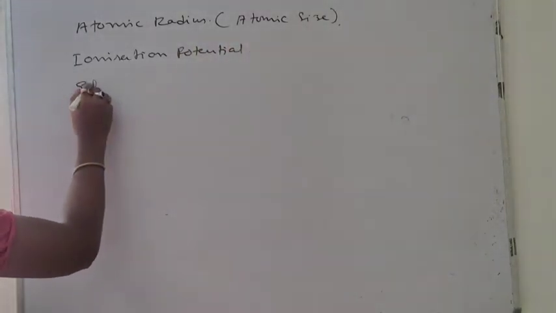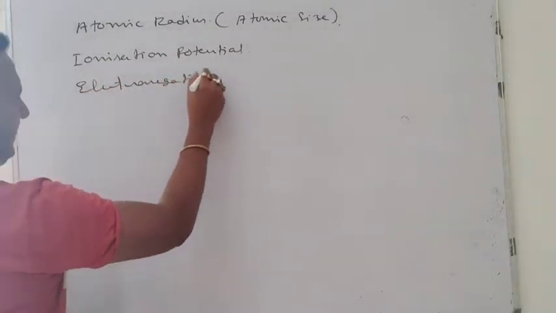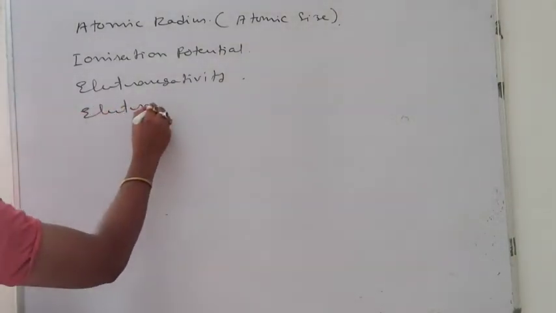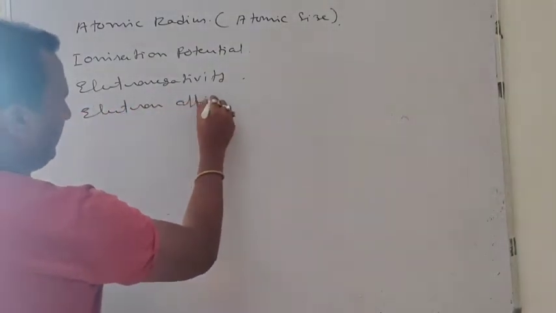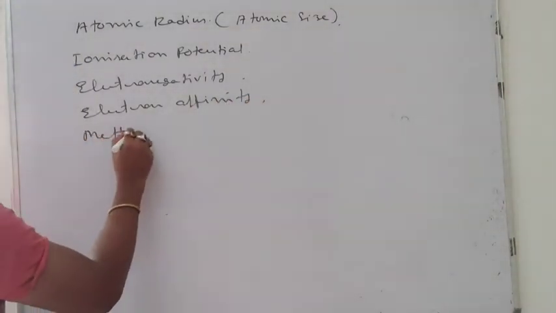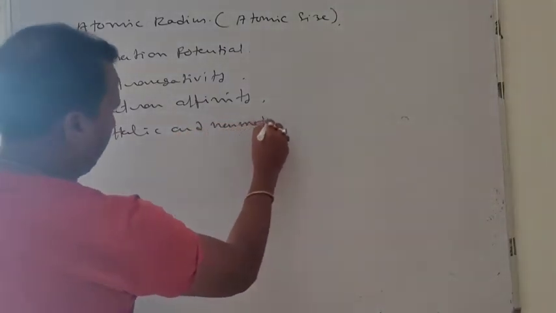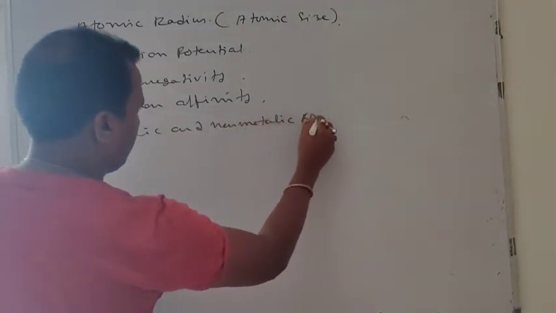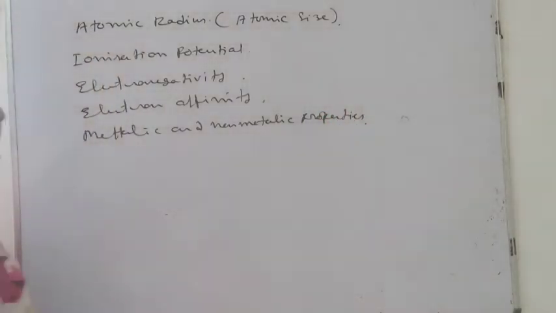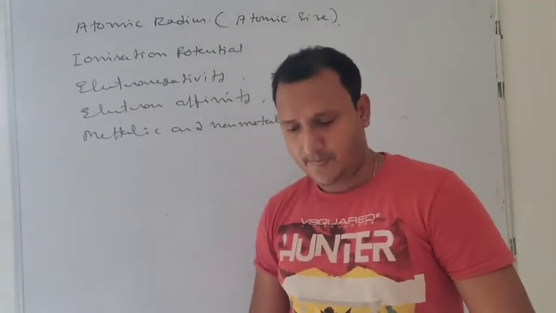Then electronegativity, then electron affinity, then metallic and non-metallic properties. So these are some periodic properties. We have to discuss all these things.